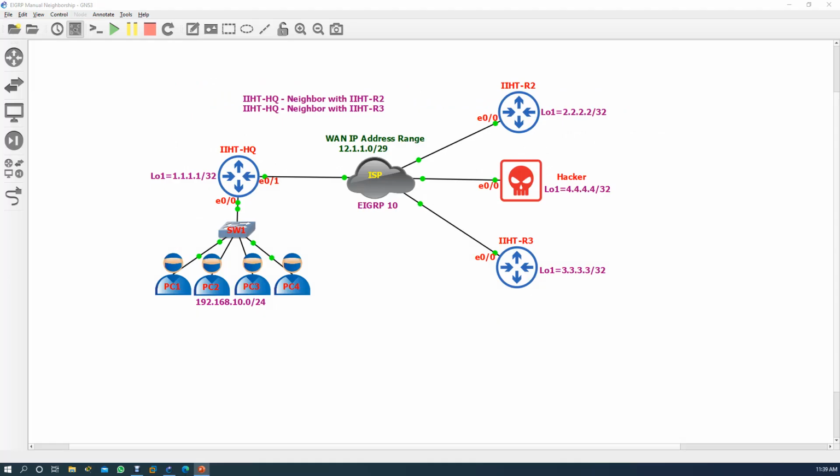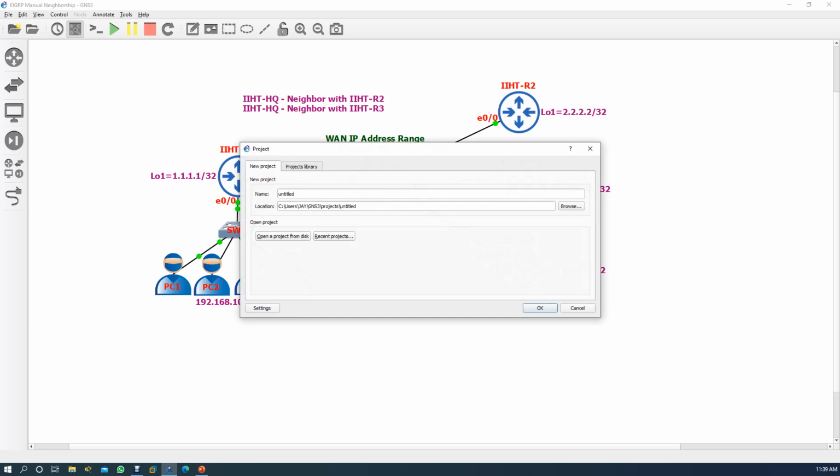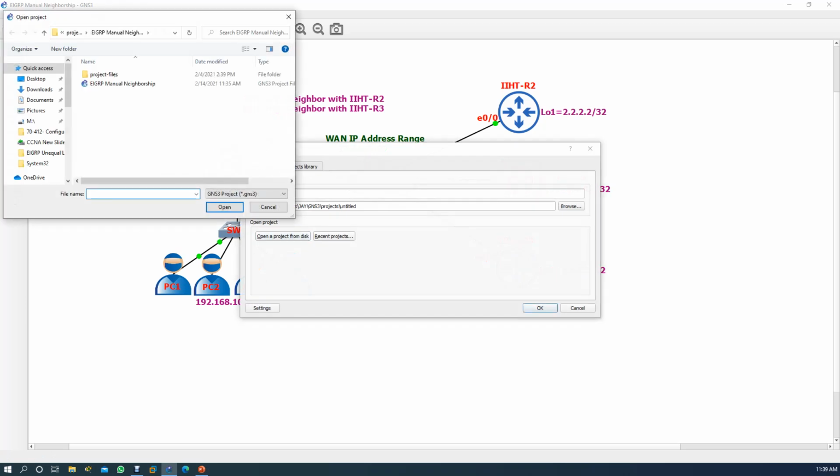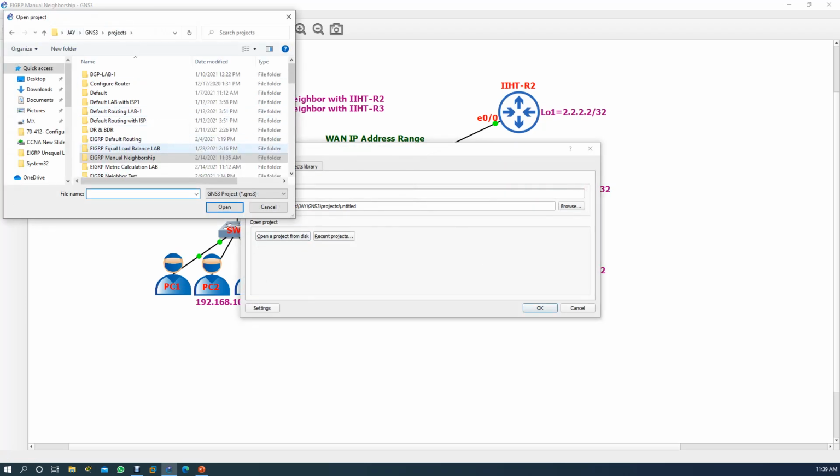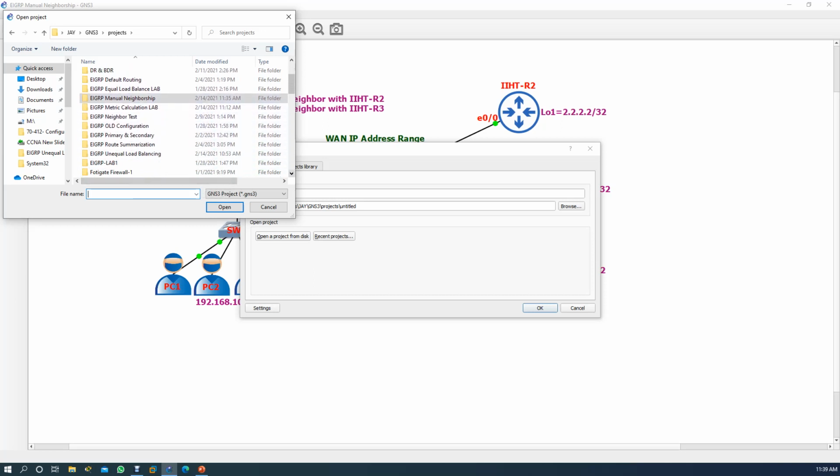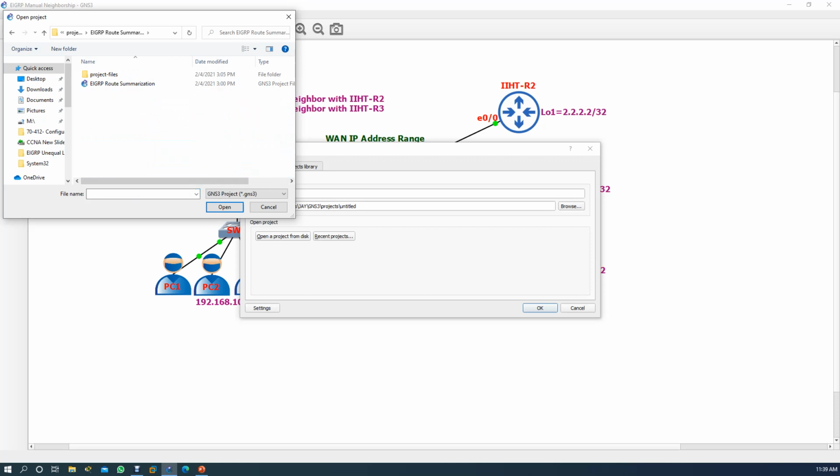So we'll work on this summarization lab. Let's come here to EIGRP route summarization.